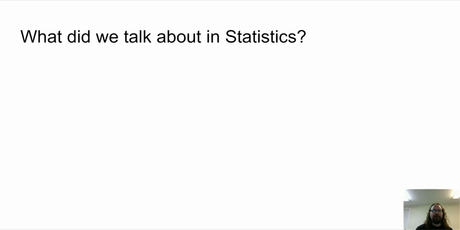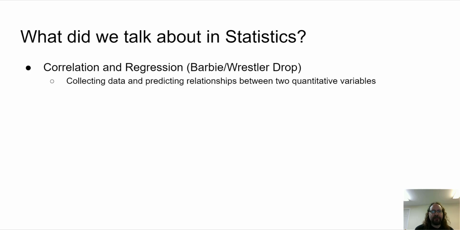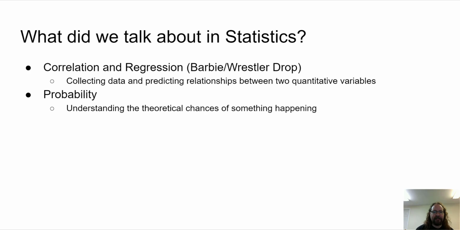So what did we talk about in this course? At the end of Statistics 1, we talked about correlation and regression when we did the Barbie or wrestler drop. Correlation and regression was about collecting data and predicting relationships between two quantitative variables, such as rubber bands and fall height. We talked about probability, which is understanding the theoretical chances of something happening.